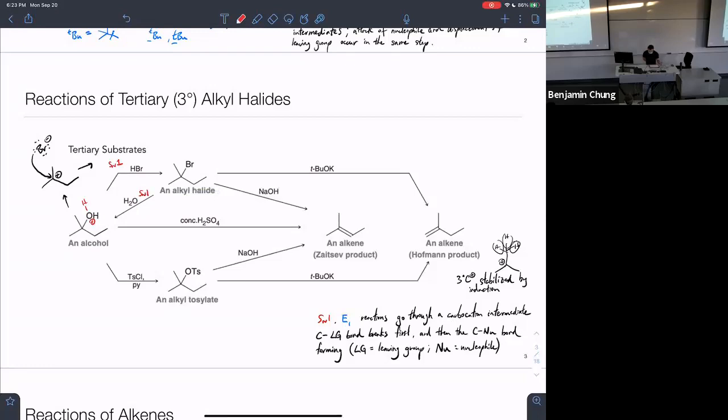How about this reaction here? Reaction of an alcohol with tosyl chloride to give the tosylate. Is it SN1 or SN2? It's actually an SN2 reaction.